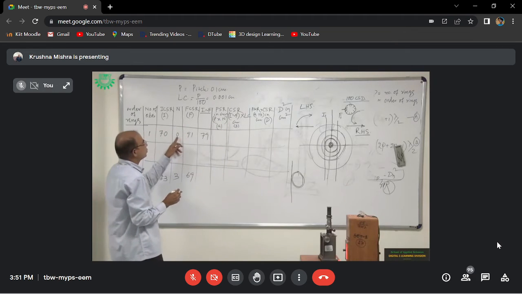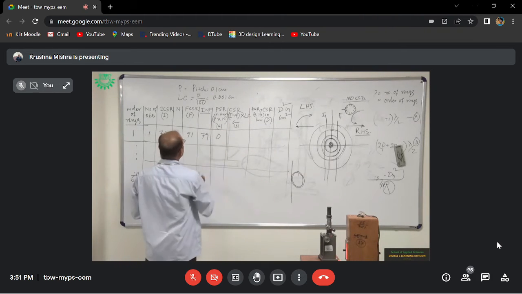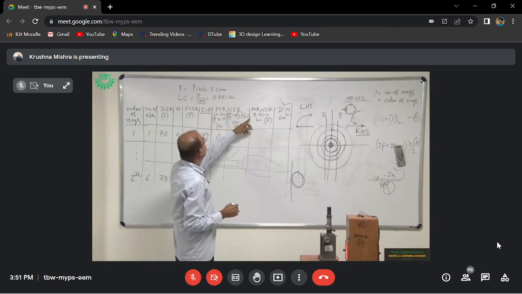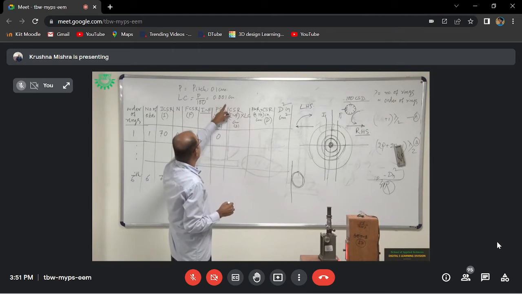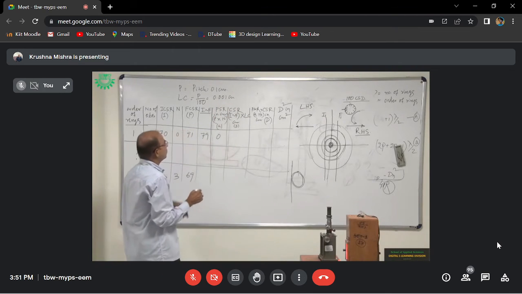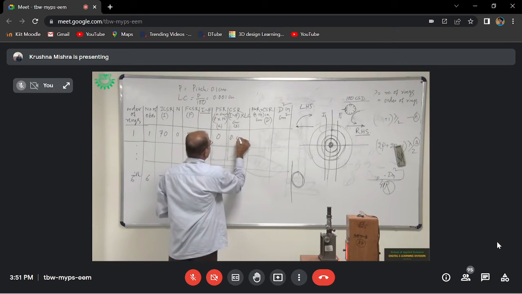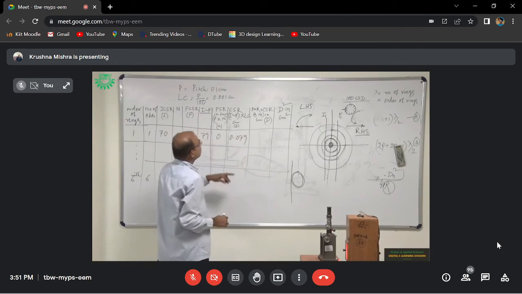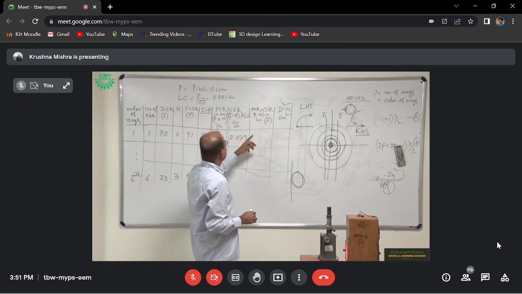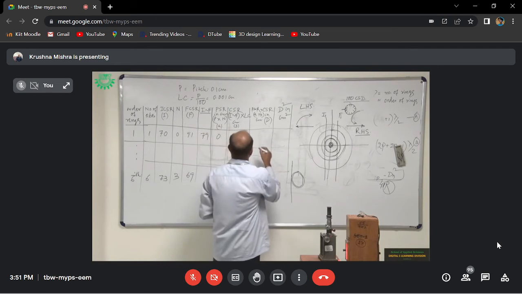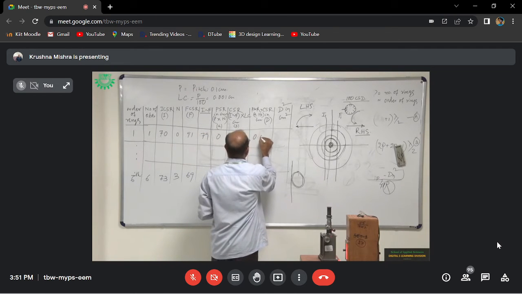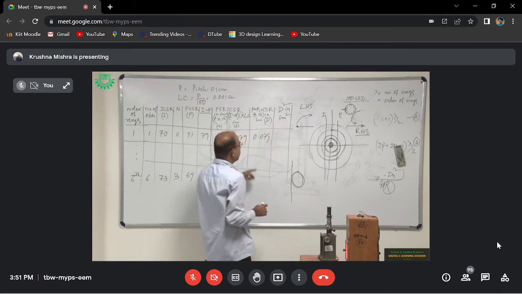As the number of rotations is 0, this becomes 0. And CSR, difference into least count, is 0.001 multiplied by the difference, that gives 0.079. PSR plus CSR will be the same because PSR is 0, so only 0.079. Then take its square.